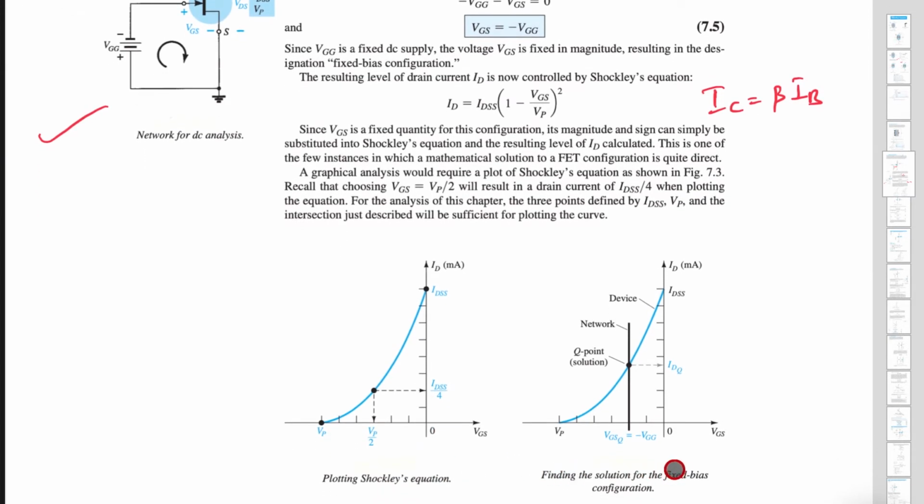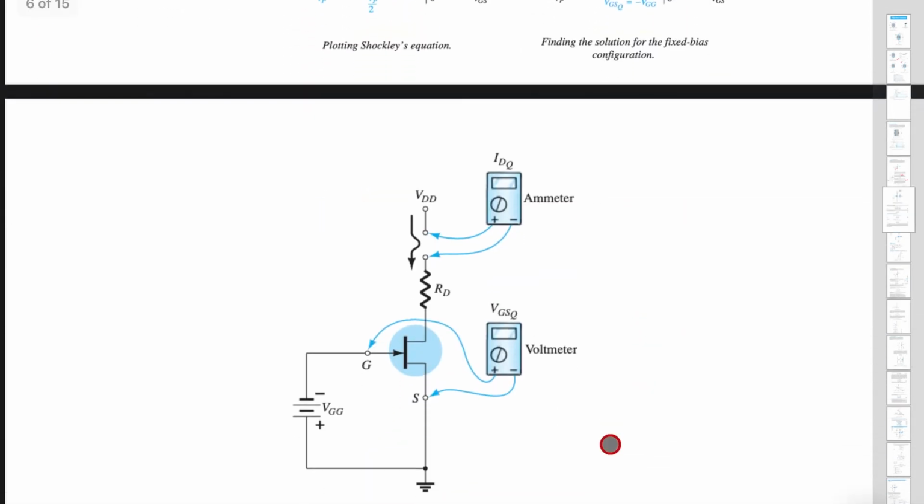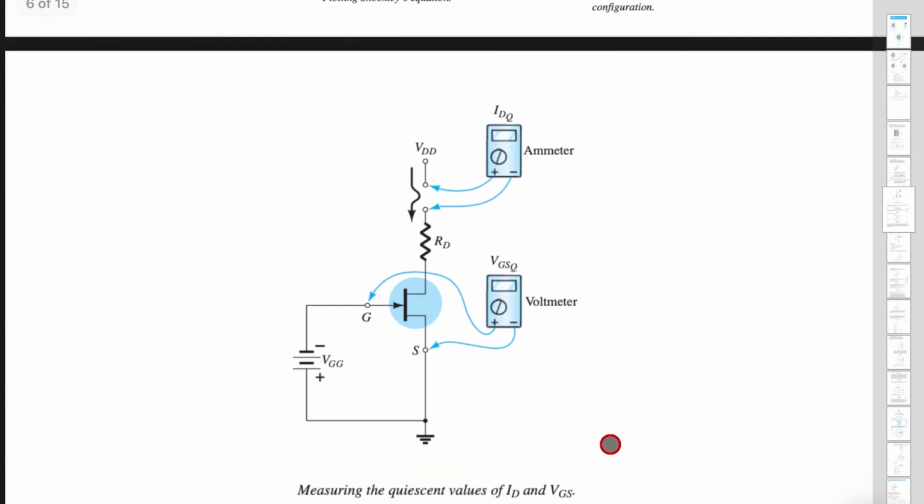Now we will be operating at VGS at some minus VGG, some voltage. Once you draw a straight line which intersects the device characteristics with the network characteristics, we call it the Q point, and the corresponding ID will give us the operating current. It is as simple as that. Now we will see mathematical analysis.